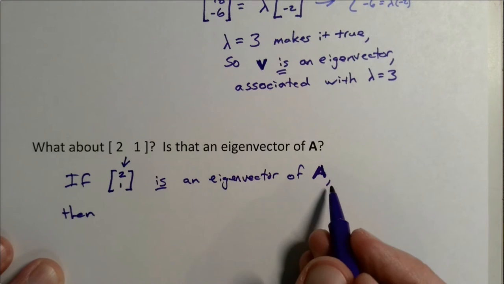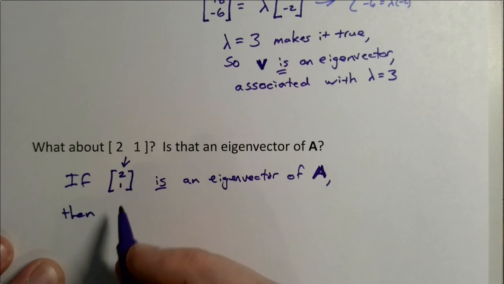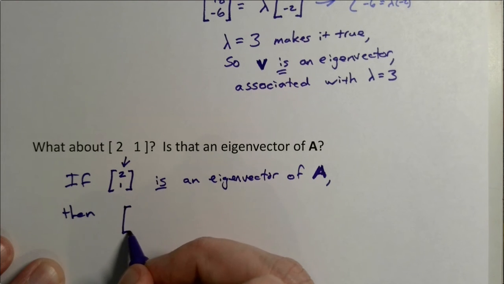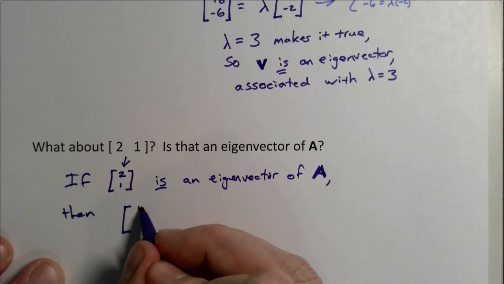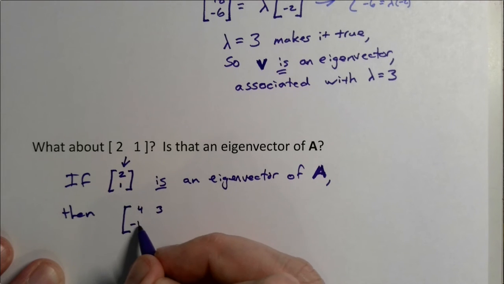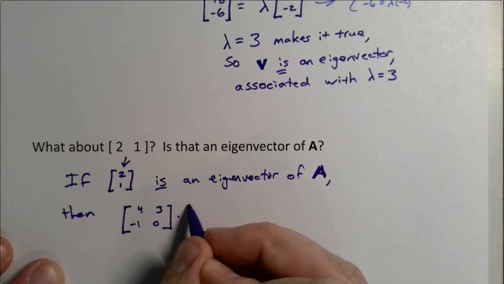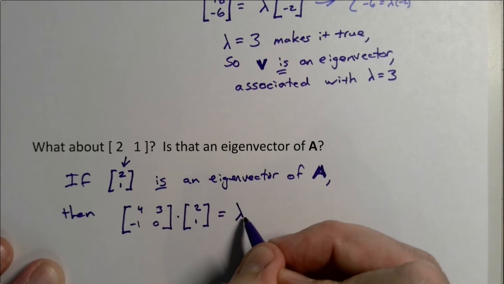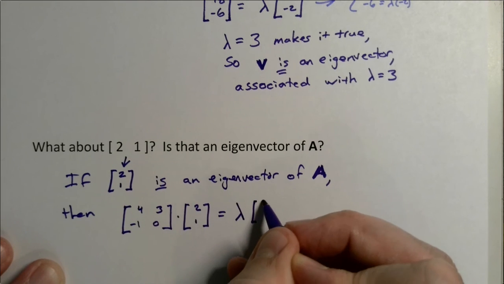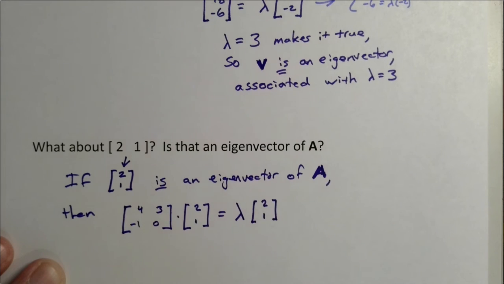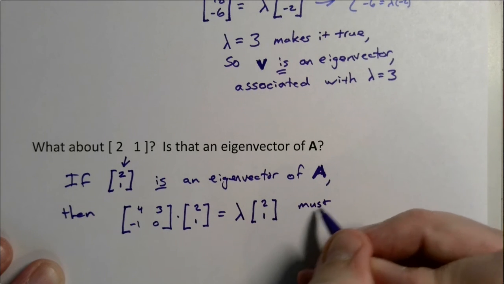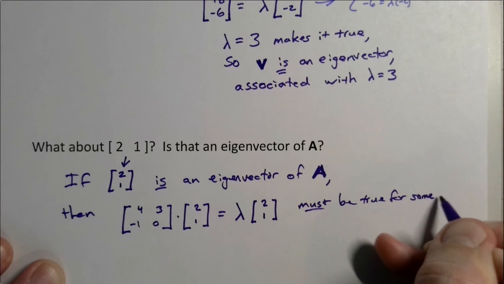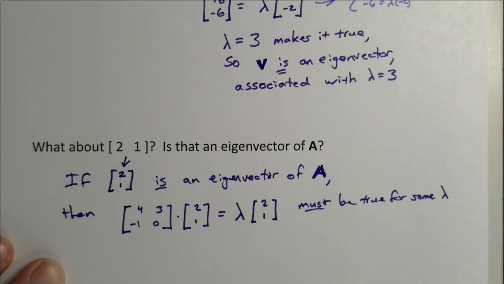So it's going to be A times the vector has to equal some lambda times the vector. So then A, which we know from up above is 4, 3, -1, 0, times 2, 1 has to be equal to lambda times 2, 1. Then this must be true for some particular lambda value.